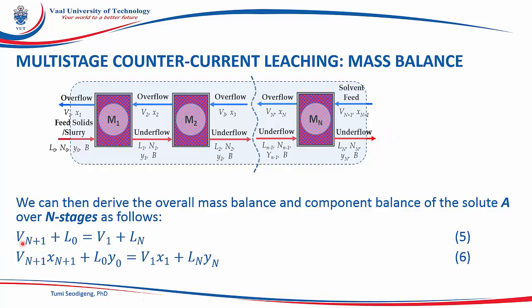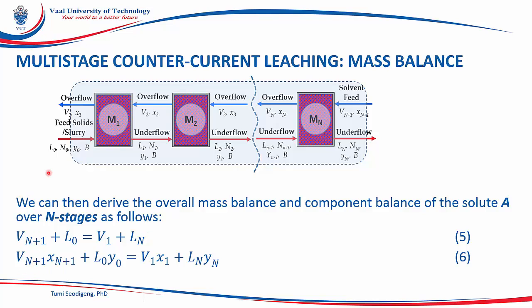Please note this overall mass balance is done on the solution. It does not look at the solids, as you can see that we are only looking at the V and the L phase.